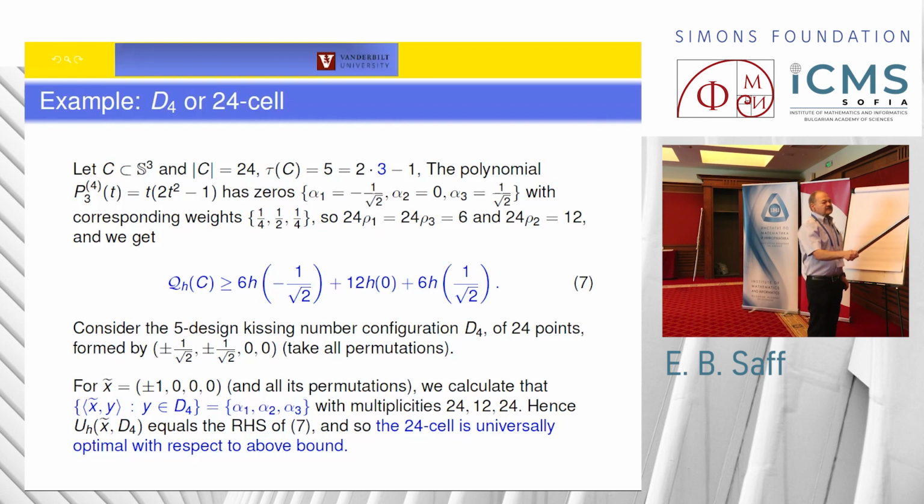The quadrature nodes are indicated as shown. Our lower bound that we get is precisely what's in this display 7. And Oleg's favorite design, right, the kissing design. Okay, and in fact equality holds for that kissing design.